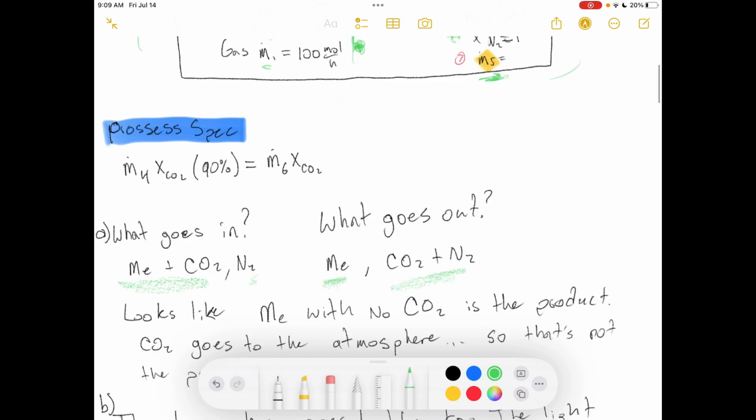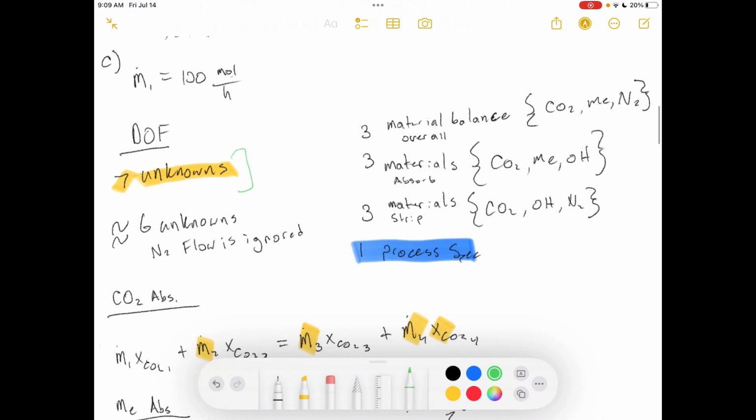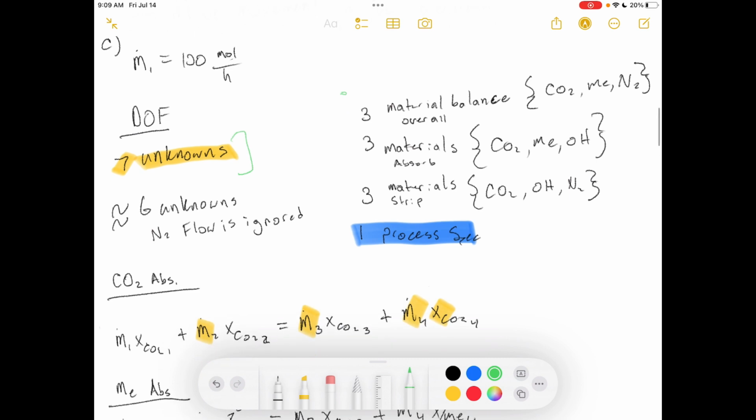The point is, in this one, you can see I did a degree of freedom analysis around my material balance of the overall, the absorber, and the stripper, right? And what it turns out, there's not enough material balances that you can do in order to fully specify this problem.